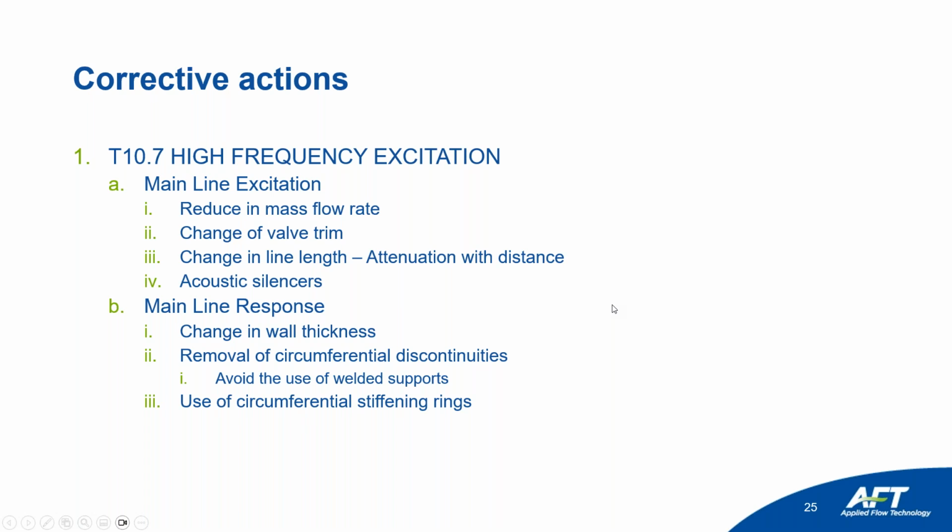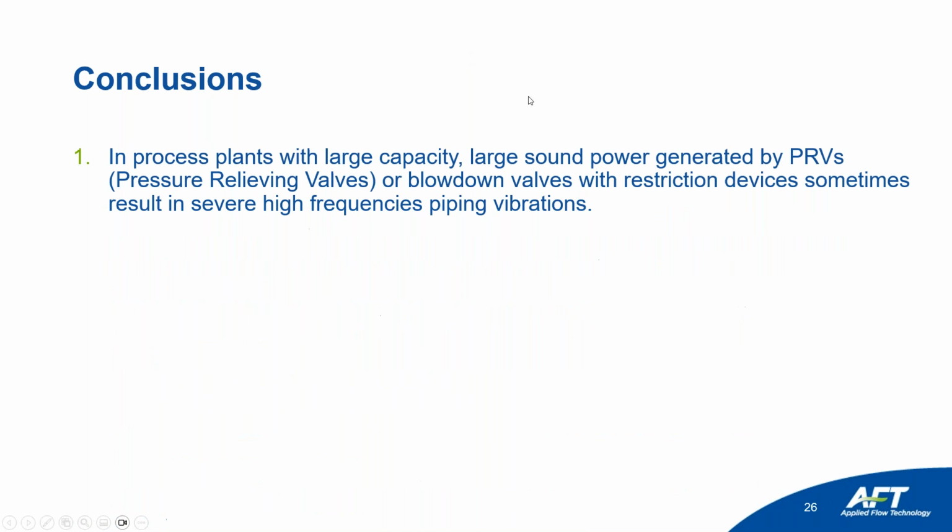Another solution for the mainline response is the use of circumferential stiffening rings. That will change the shell motor vibration, and it might detune it from the source of vibration.